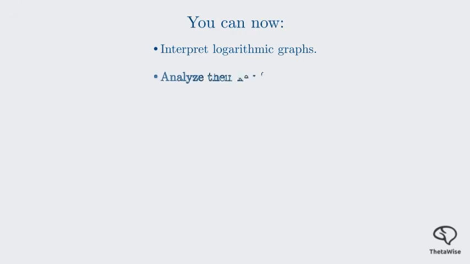Finally, we put this theory into practice by sketching several logarithmic graphs and an exponential graph with its inverse. We confirmed that they are reflections over the line y equals x. You should now be able to interpret, analyze, and sketch basic logarithmic graphs and understand their relationship with exponential functions.